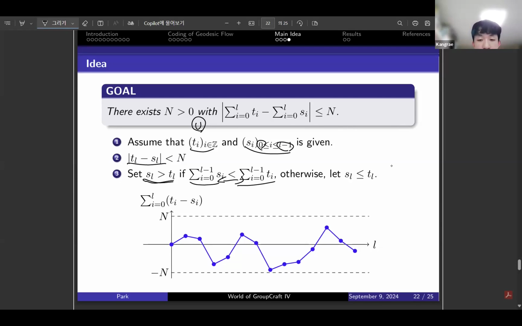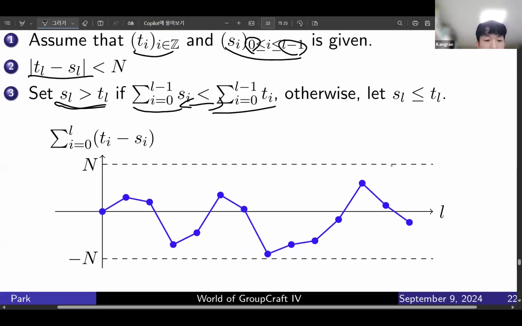So when you look at the picture, if these differences of the partial sums are positive, then let SL be bigger than TL, then this would go down. Here, again, still it's positive, so it will go down. Here, it's negative, so it will go up. Negative go up, positive go down.